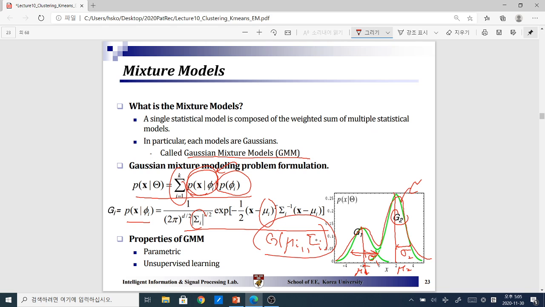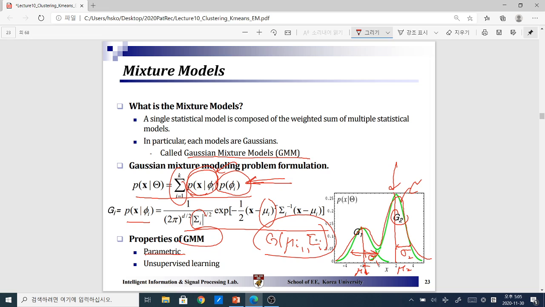And how they're weighted is going to be represented by this prior probability or weight probability. So you could have samples that are distributed in this mixture Gaussian model type. This Gaussian mixture model is very much parametric in the sense that you can define this mixture Gaussian model by means of these parameters.